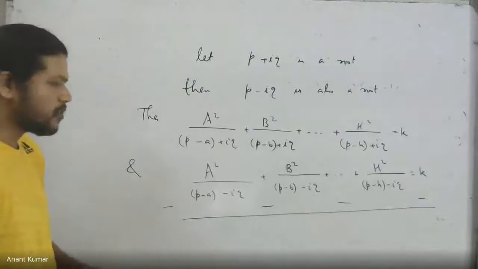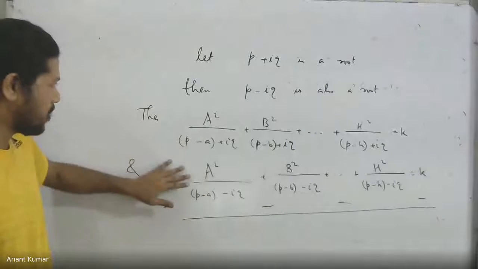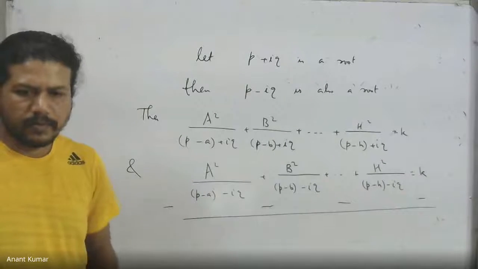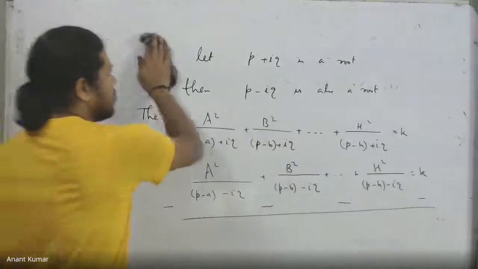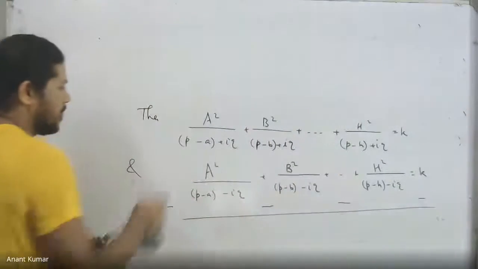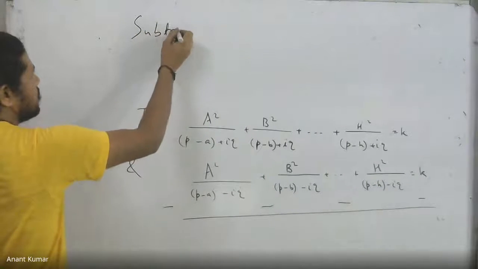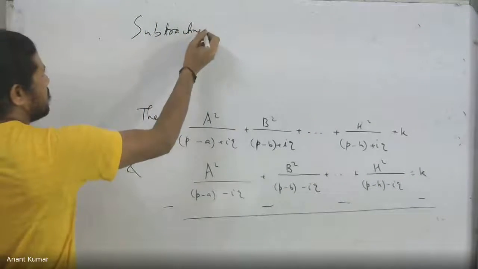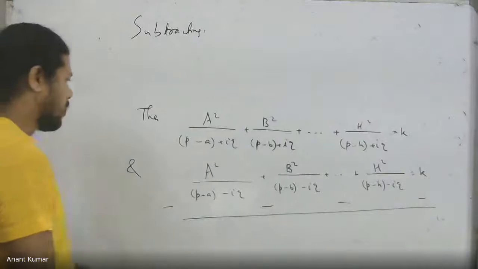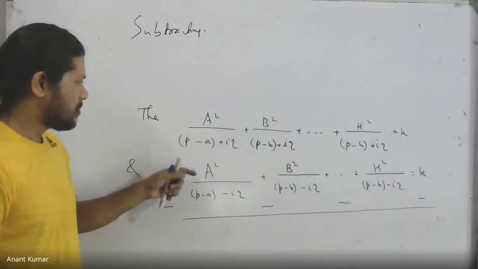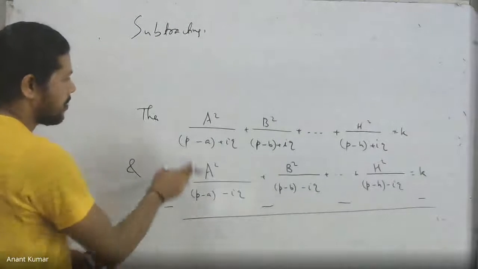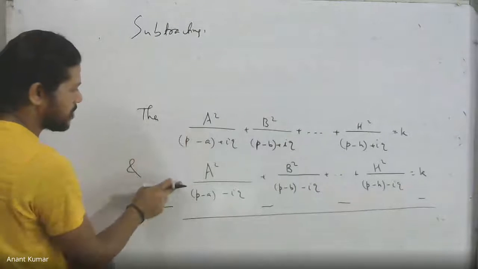If you look at each term, for example the first one, I could take the LCM and subtract. A squared is common. Look at the first term, this minus this.